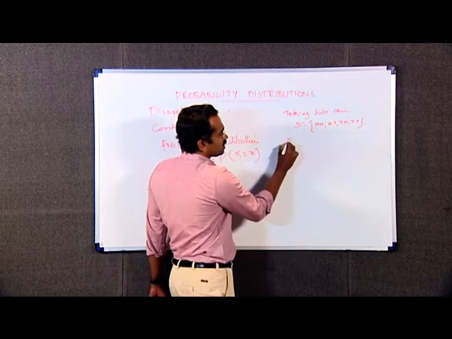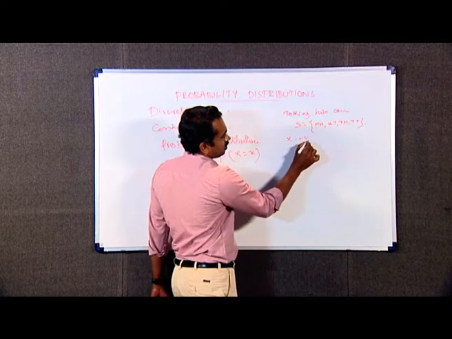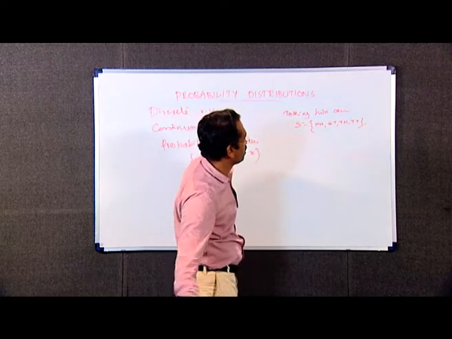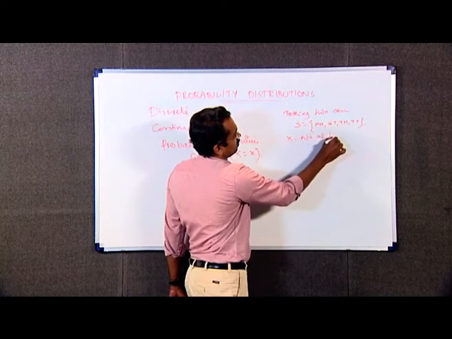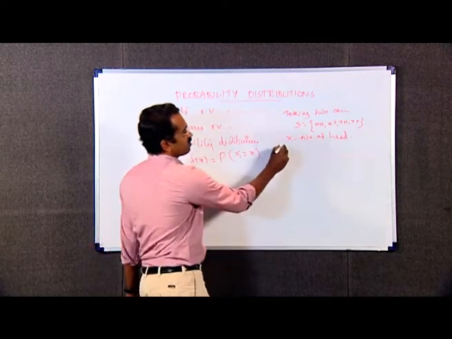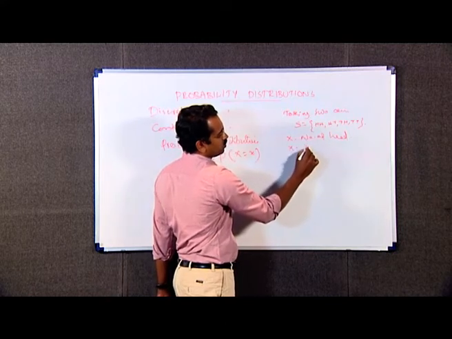Let x be a random variable. Let us define x as the number of heads. Then x takes values. For HH, x is 2.